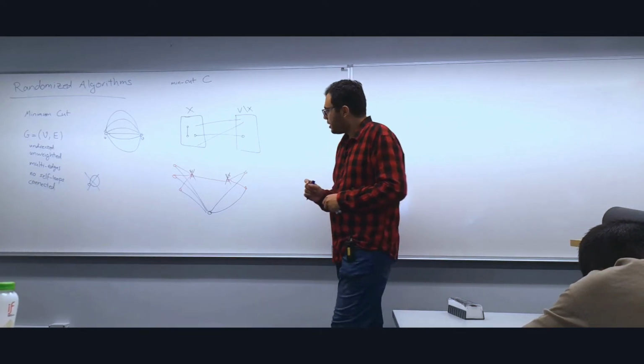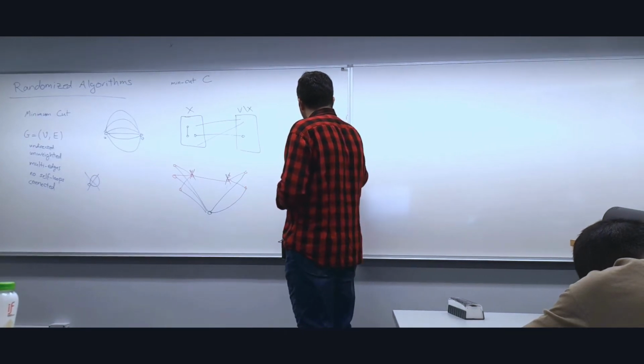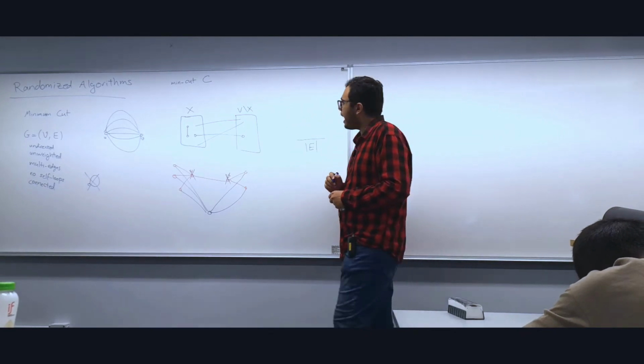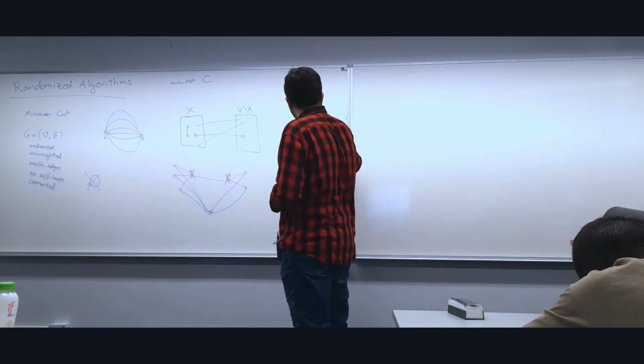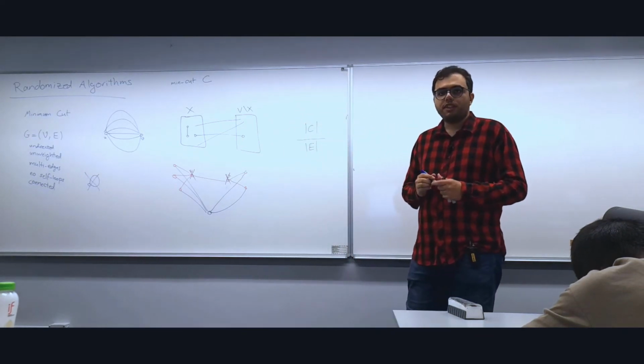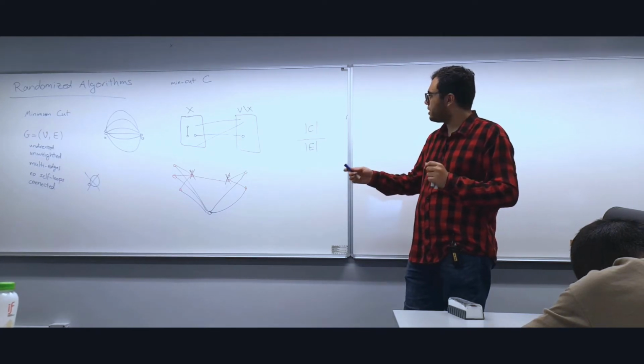Okay. So initially, I had a total of E edges, right? And how many of them were in my MinCut? Well, C of them were in my MinCut. So the very first edge is going to be a disaster, is going to be in my MinCut with this probability.